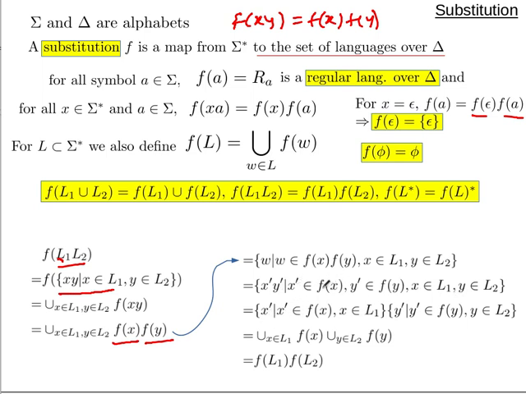So you see that this x is coming from L1 and x prime is coming from this f of x, right? So that means we can separate this out here and separate this thing out here. So this is the concatenation of these two languages, right? Again, the concatenation is x prime y prime, where this x prime and y prime are coming from this thing. So concatenation of these two languages.